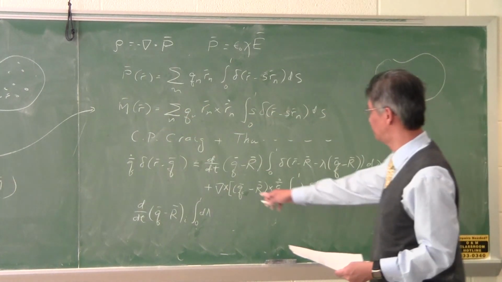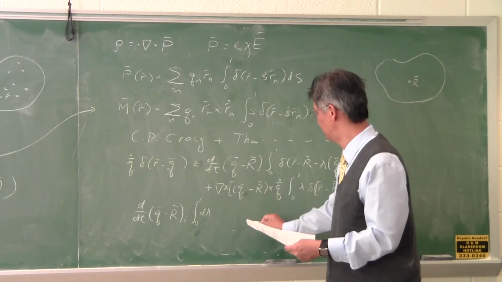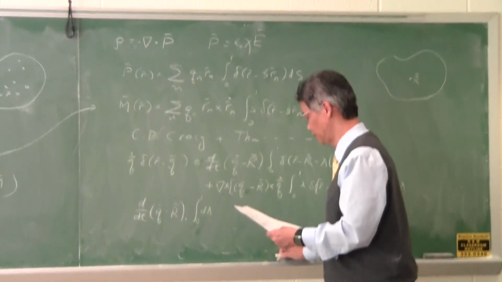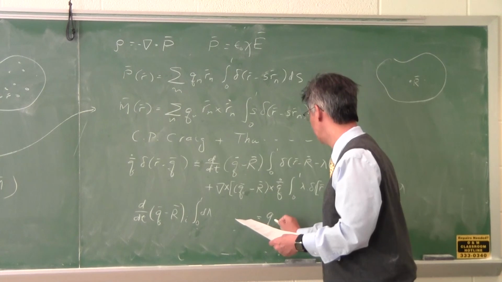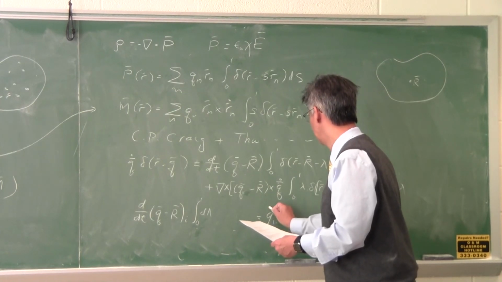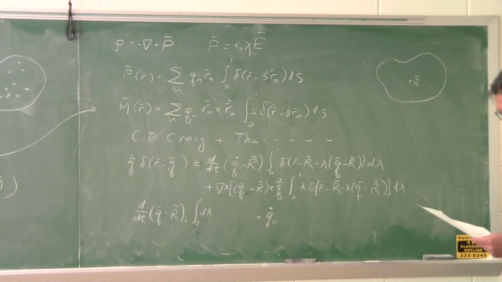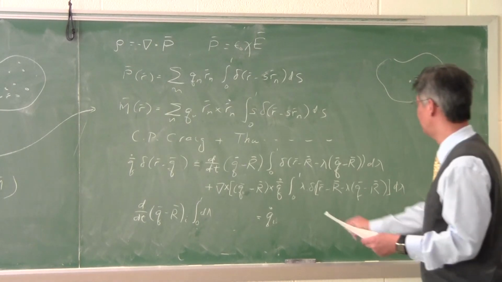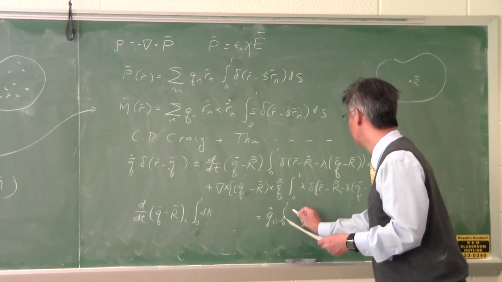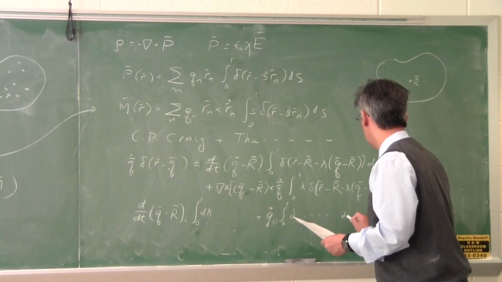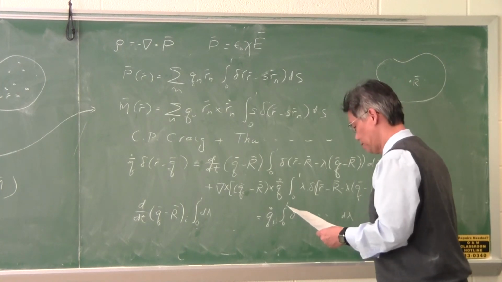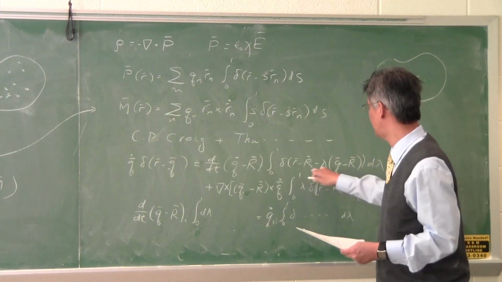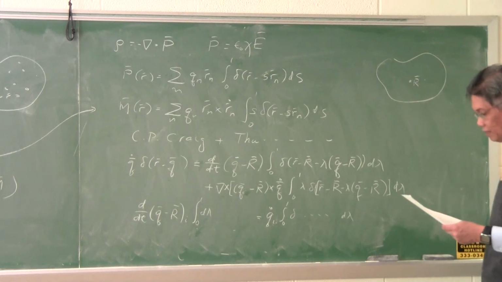So if I differentiate this first, I have to differentiate this term. Okay, so I get the I component of this differentiated with respect to time times this integral 0 to 1 of delta d lambda, okay, plus the second term, which is the differentiation of what is inside.